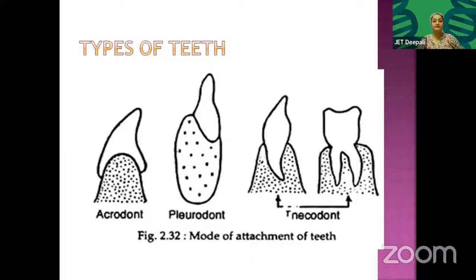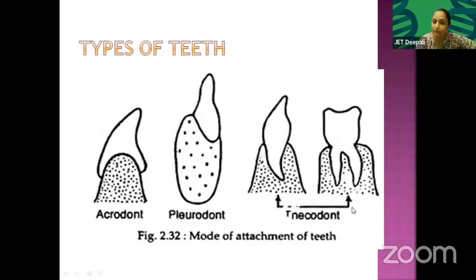Now we'll look at the types of teeth: acrodont teeth, pleurodont teeth, and thecodont teeth. This classification is on the basis of the mode of attachment of teeth, how teeth are attached to your jaws. See, acrodont teeth are like this, pleurodont is like this, thecodont is like this.